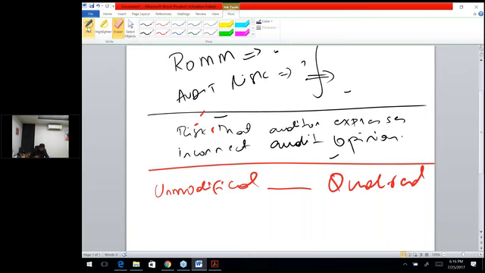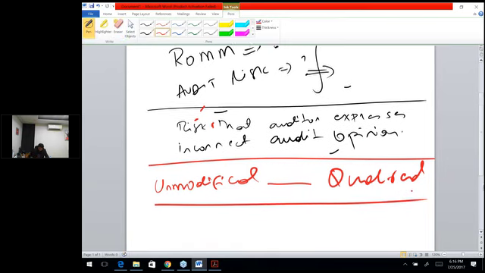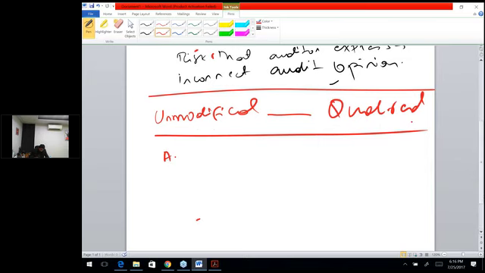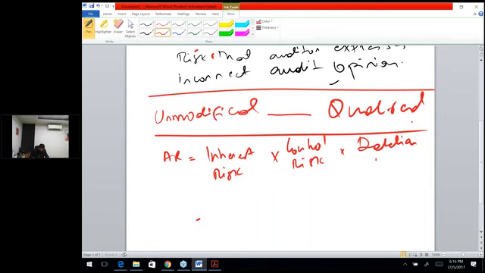Now, we have studied at F8 level that audit risk is a product of inherent risk, control risk, and detection risk. That's what we already studied at the F8 level.